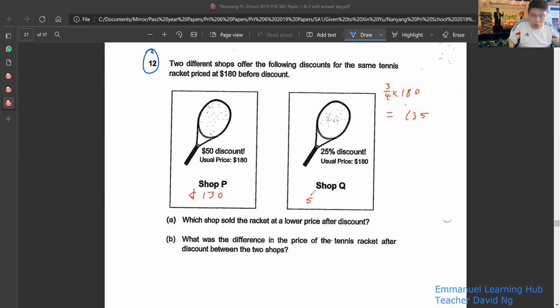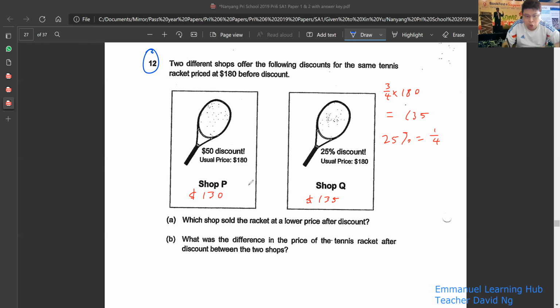You're aware of that, right? So instead of dealing with percentage, I deal with fraction, easier. If you are more familiar with fraction, you can always change your percentage to fraction. But you need to know 25% is 1/4.